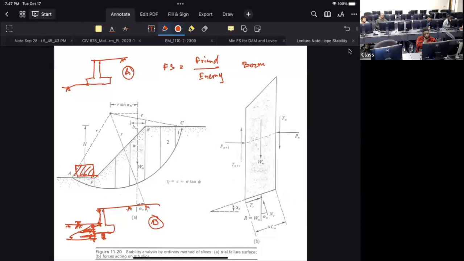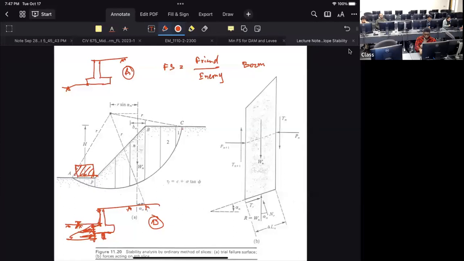But if I allow some movement, the resistance of the soil will go down. That's called the active condition. And if you're pushing back the soil, the soil doesn't like that, so it will push you back really hard.